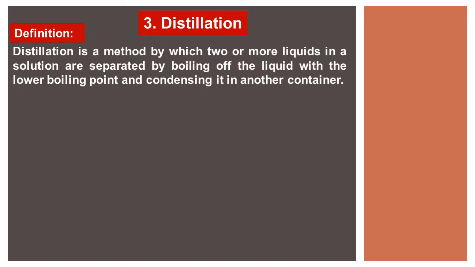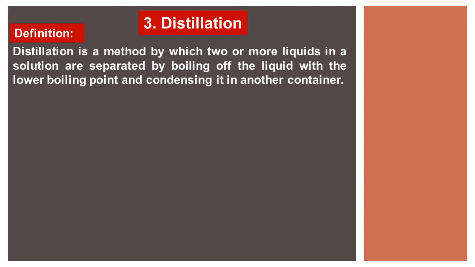In practical situations, sometimes it happens that many liquids have been mixed and there becomes a mixture of liquids. So when we want a specific liquid from the mixture of liquids, then we use the distillation technique in the laboratory as well as in the industries.